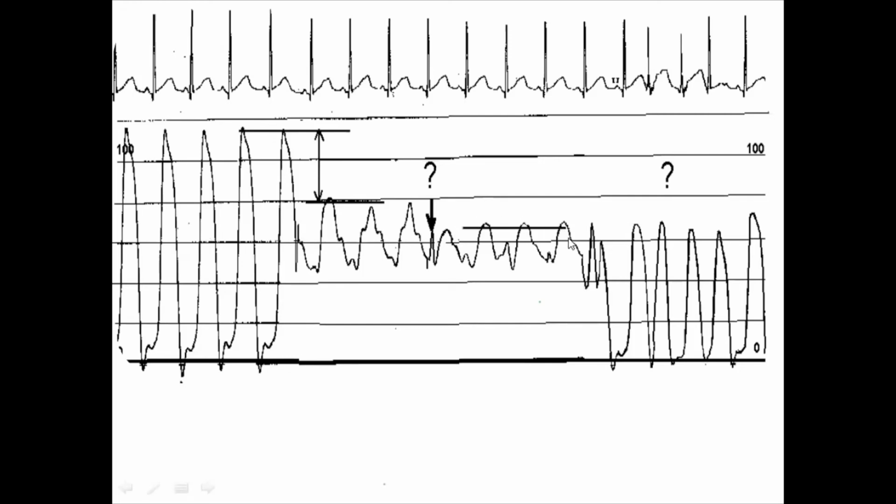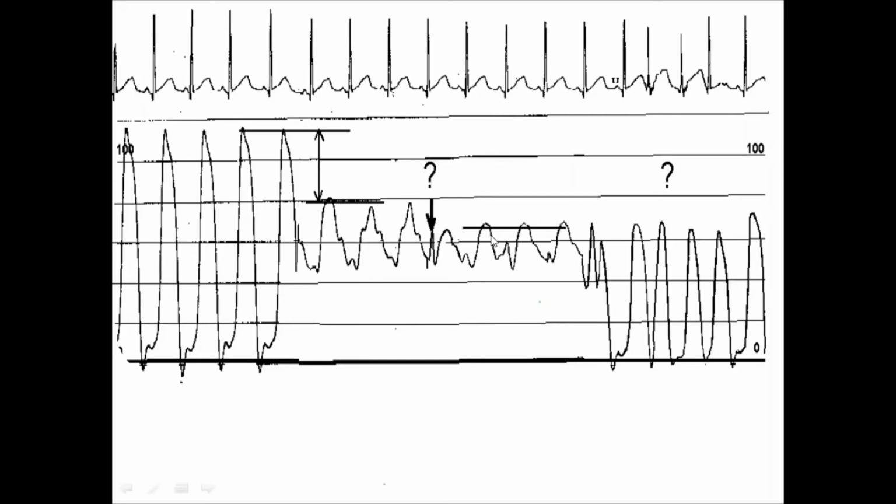What is this tracing? Remember, usually the hemodynamics in real life are not so smooth like what we see in our examples. When you have a hemodynamic tracing in the cath lab, it may not be very smooth, but the overall shape will give you an idea which vessel or which chamber we are within.